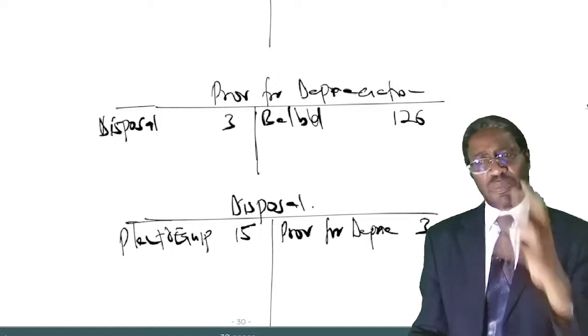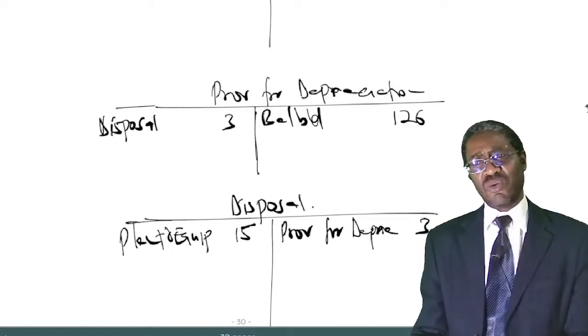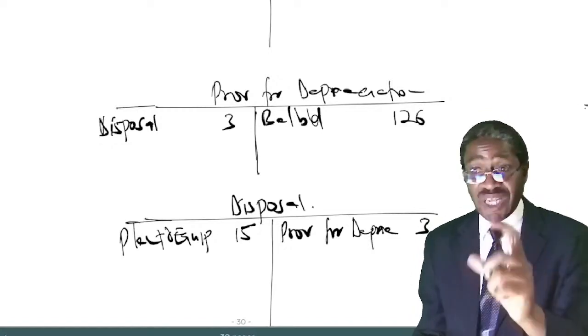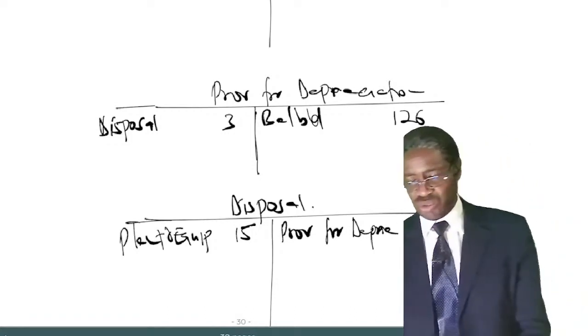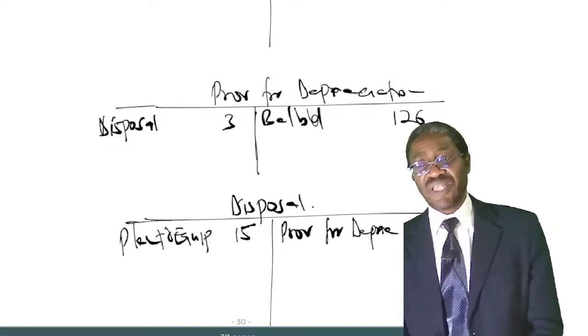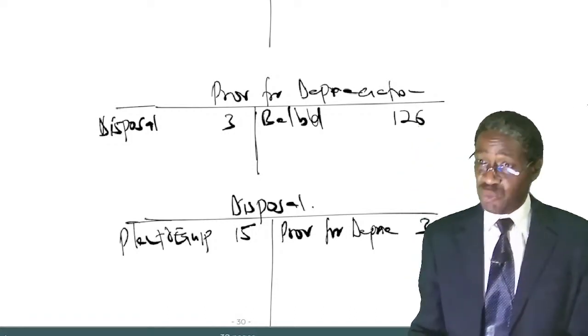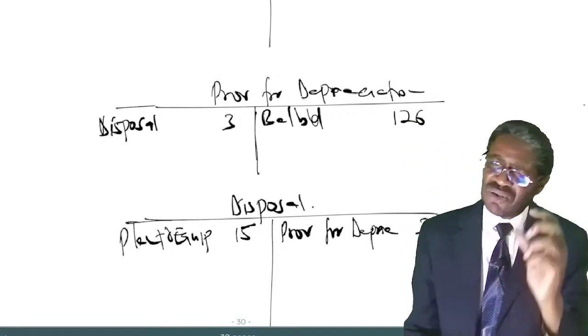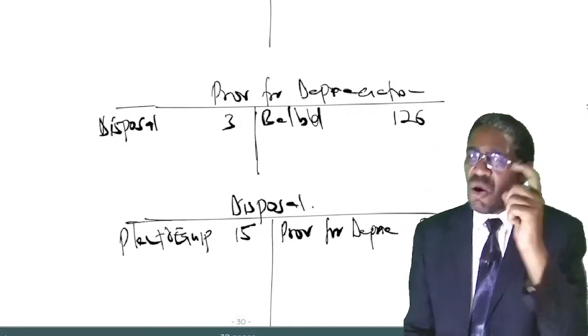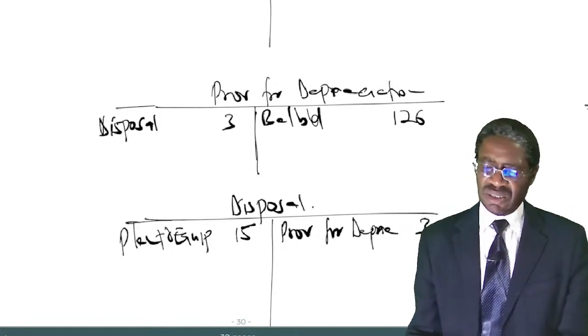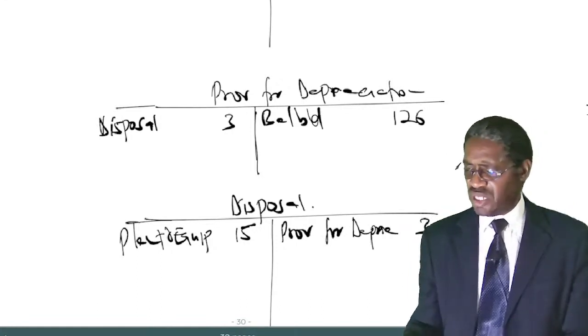Now, step number 3, if you remember, was you had to record the cash received on disposal. So we need to go back to the question and find out, well, how much did we sell this asset for? I think that was given to us in the trial balance.